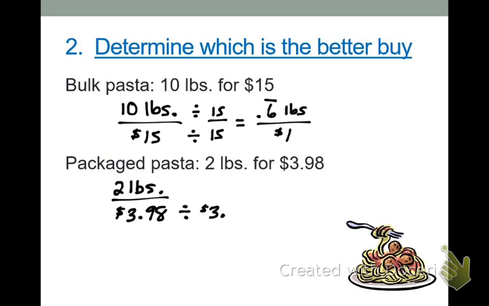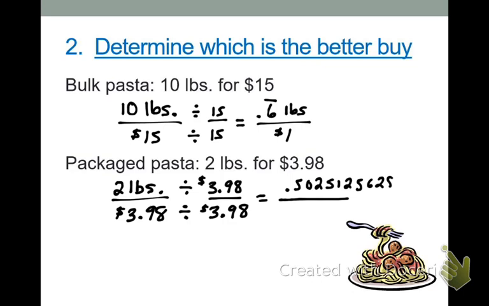We're going to divide by the denominator on the top and the bottom. All right, so we got a big number. Tell me what number you got. 0.5025125628. Okay, so this is like a number that just keeps on going and going forever.